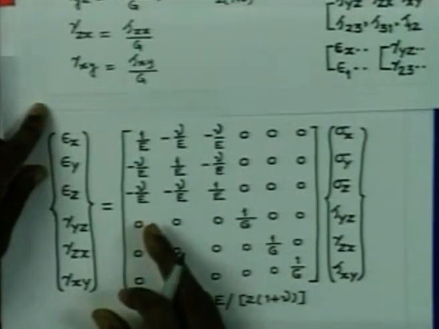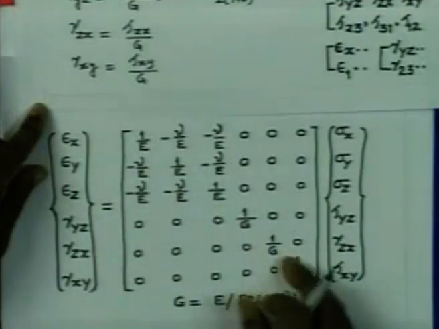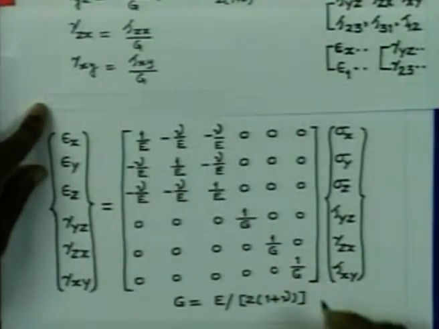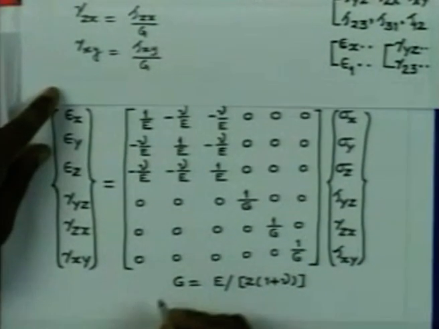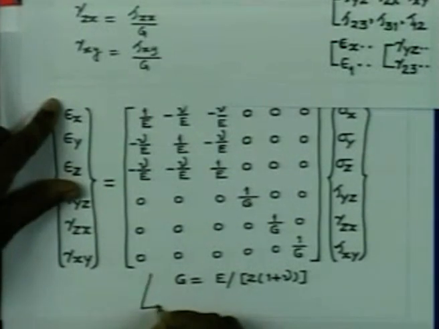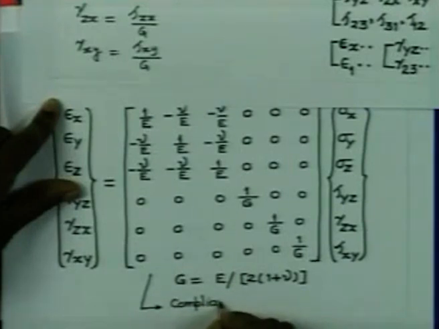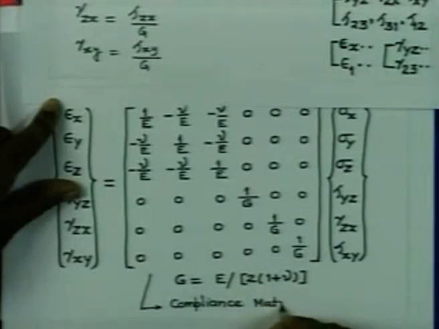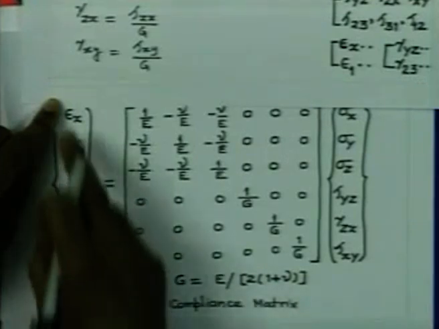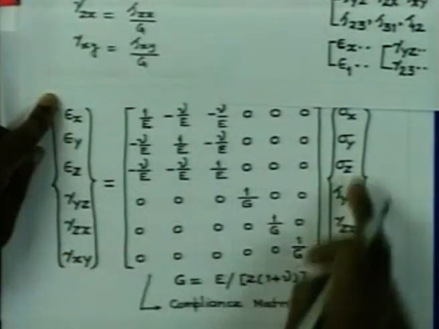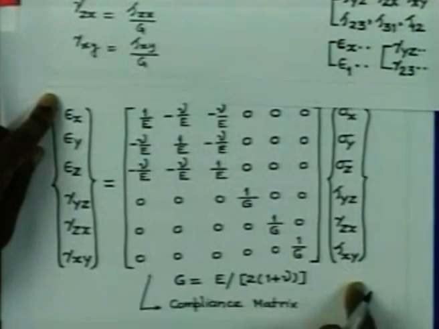This matrix is known as the compliance matrix. It is a matrix of dimension 6 by 6. It connects the 6 strains to the 6 stresses, and it is a symmetric matrix.